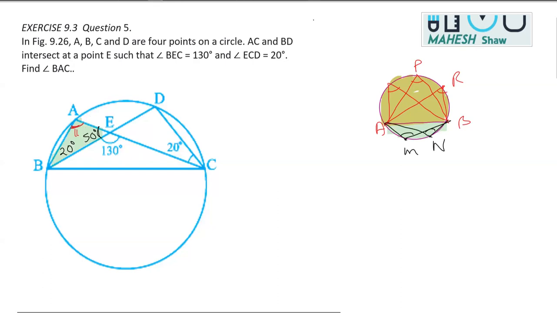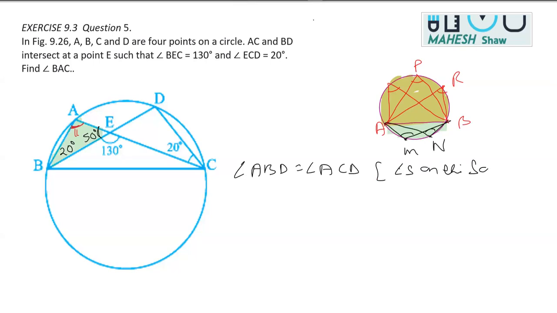So first of all, you have to write down angle ABD is equal to angle ACD. And the reason is angles on the same segment. This is the reason you are going to write down for the first part. And you can write down each as 20 degrees.